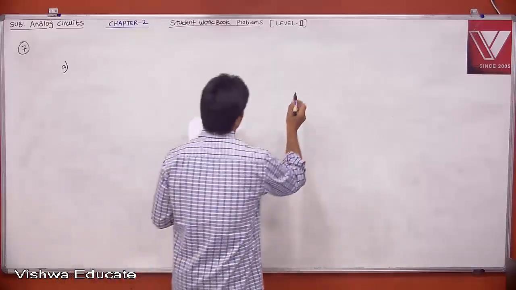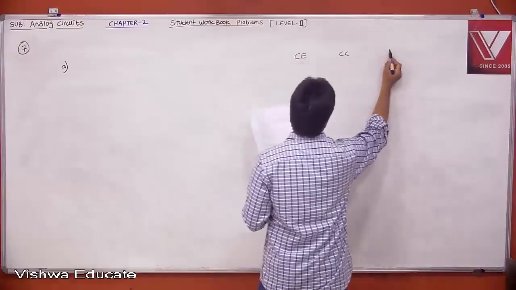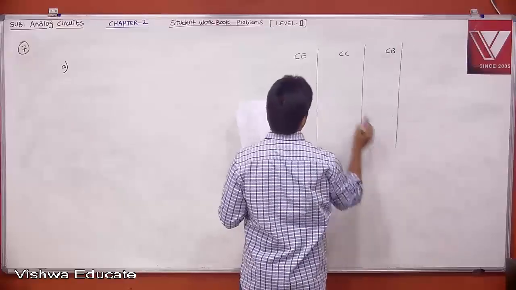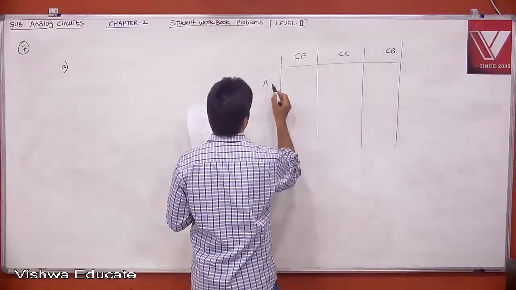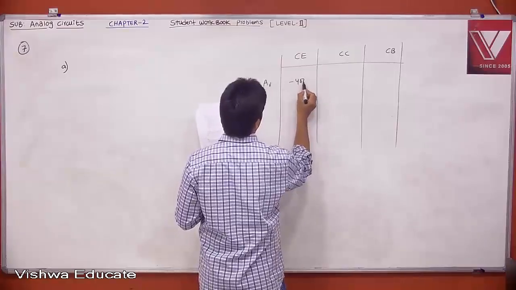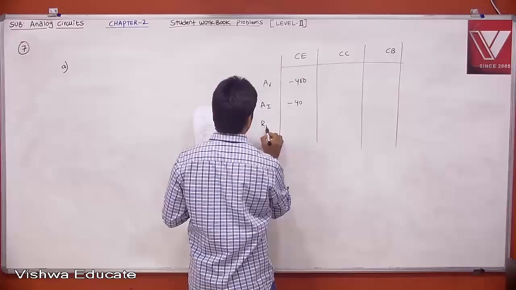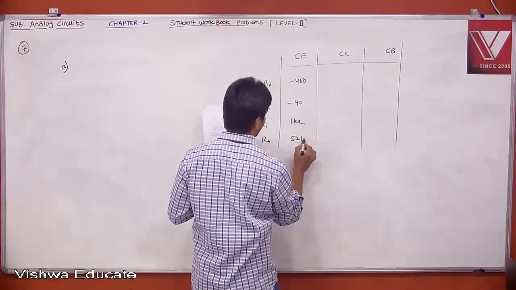You remember, I think I gave CE, CC, CB. I think I already gave. If you take the first one, voltage gain we got minus 400, current gain minus 40, RI we got 1 kilo ohm, R0 we got 52 kilo ohm.